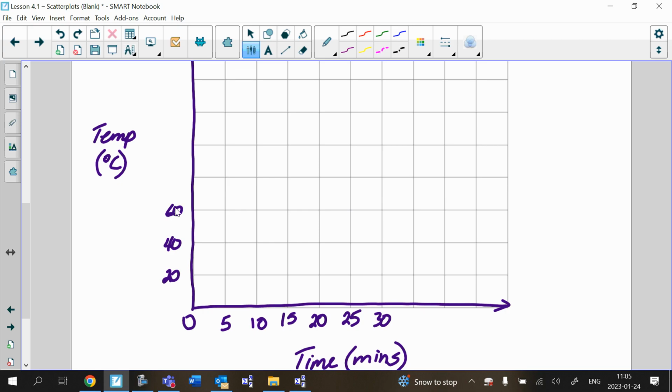So our points are 0, 100. I'll use a different color. 0, 100, 1, 99, 5, 95, that's 90, 10, 90. Pretty linear so far. 15, oh, sorry, I forgot to correct that.